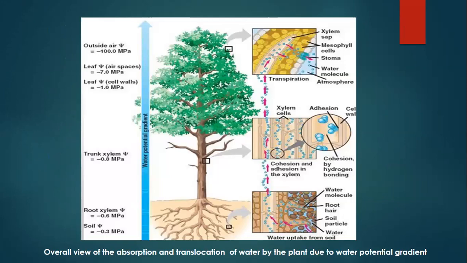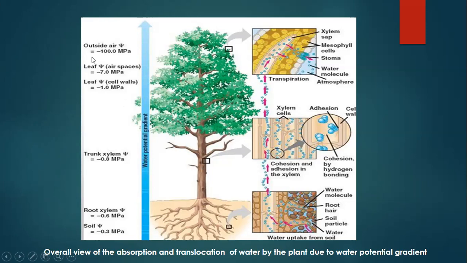So this diagram explains the entire conceptual basis of the ascent of sap. Here you can see the whole plant approach, and this region shows the pressure and water potential gradient values.